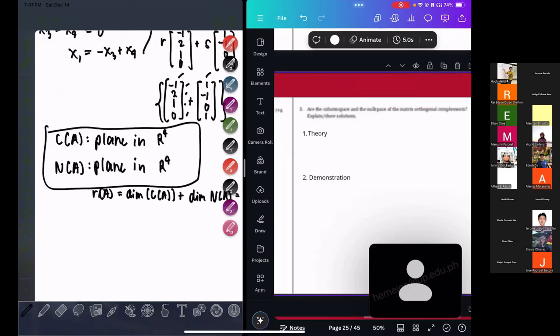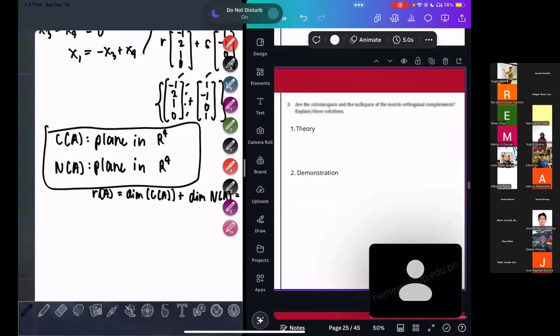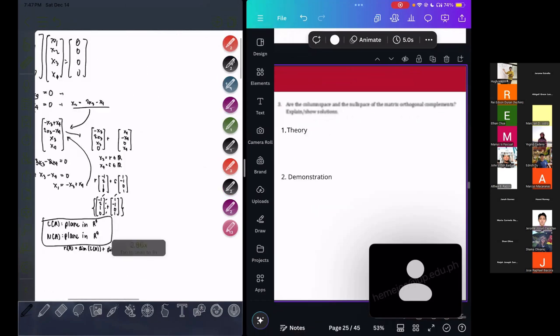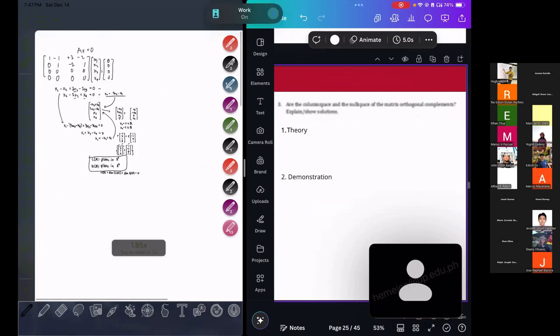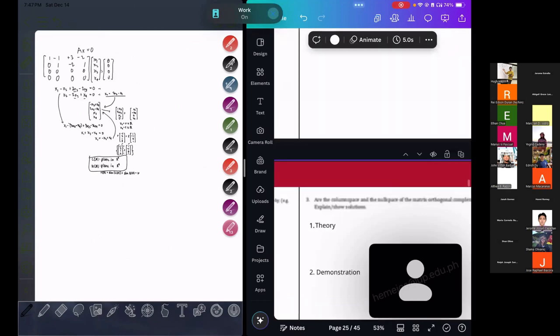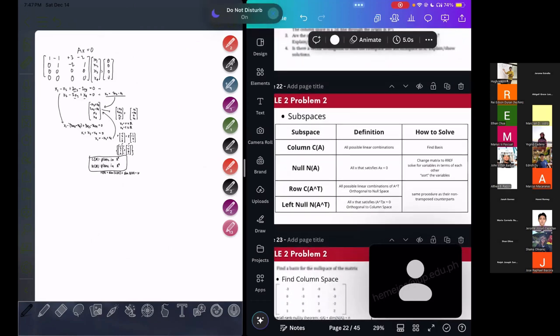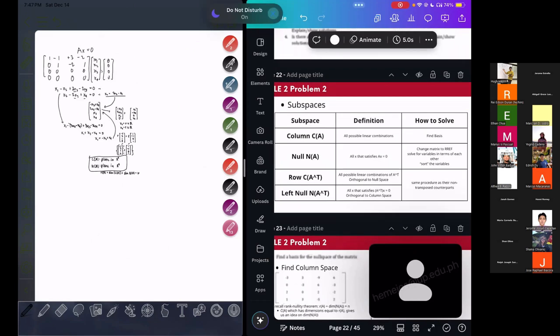The next thing that's being asked for is whether the column space and the null space of the matrix are orthogonal components. This is partially a theory question as well, kasi you just need to know which is orthogonal to which. So as we established kanina, yung row space and null space, yun yung orthogonal.